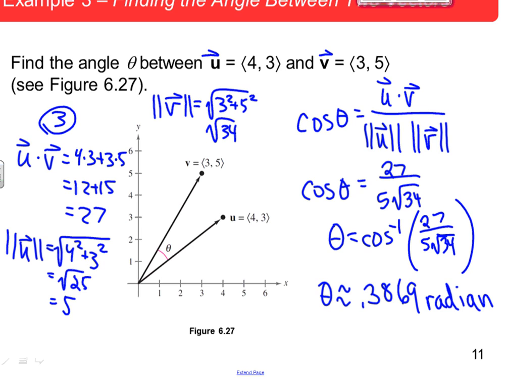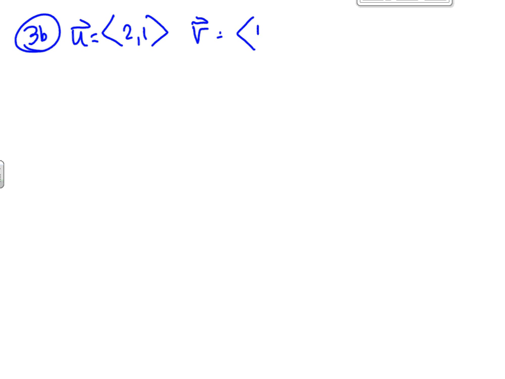I think I'd like to have you try one of these. Here's the problem, and we'll call this 3b. If u is 2, 1, and v is 1, 3, I want the angle between u and v, and I want it in degrees.